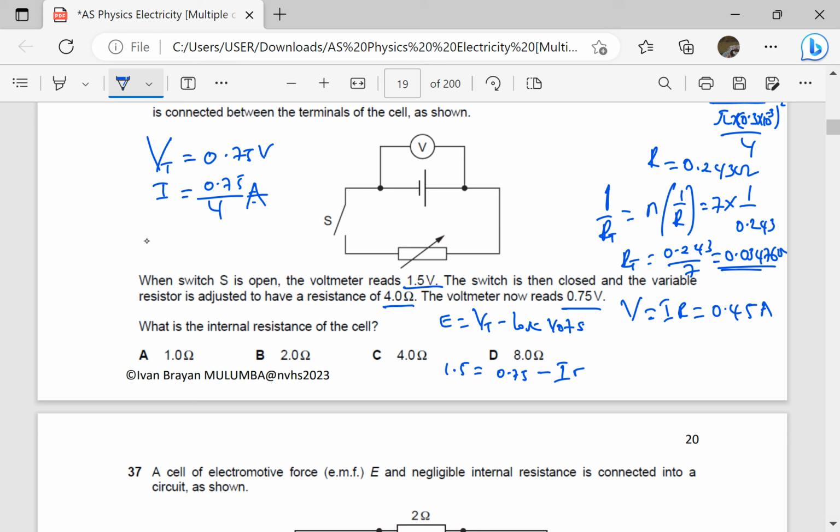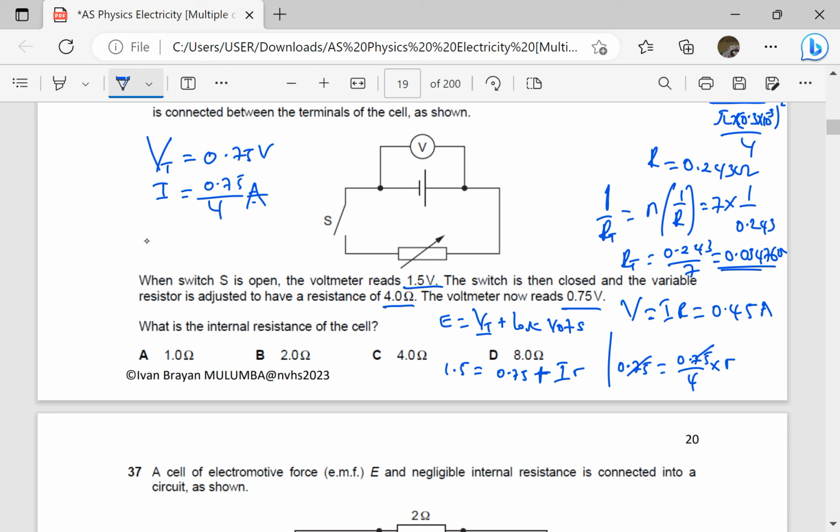So this is going to be 0.75 equals the current, which is 0.75 over 4, times internal resistance r.